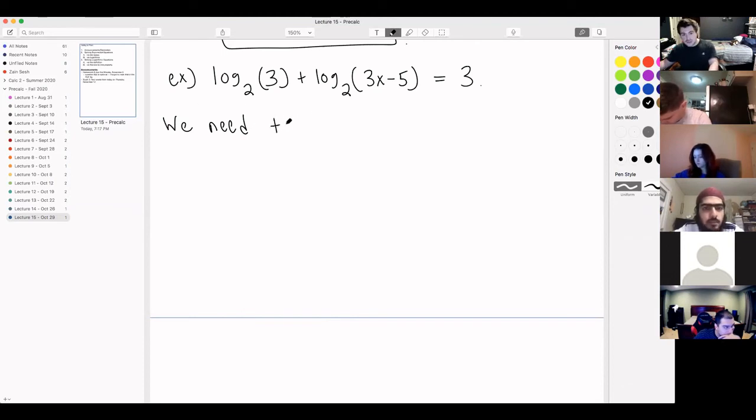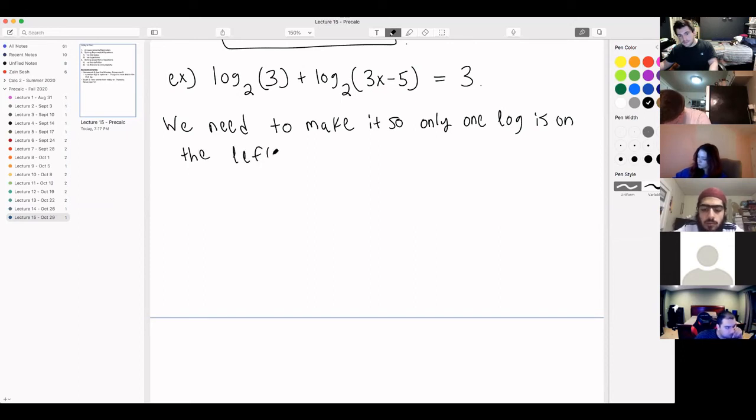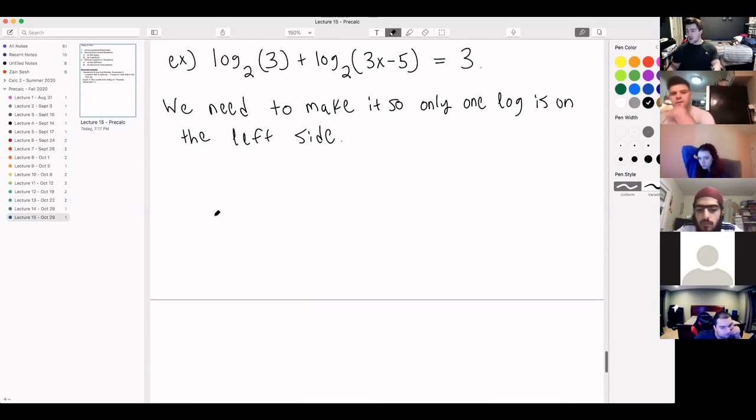We need to make it so only 1 log is on the left side, because we can't use the definition of the logarithm if there are two logarithms. So use product rule on the left side to condense.